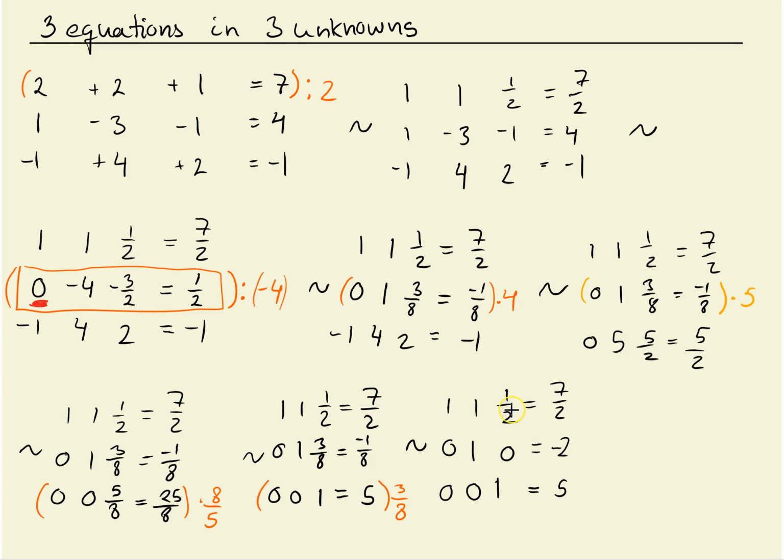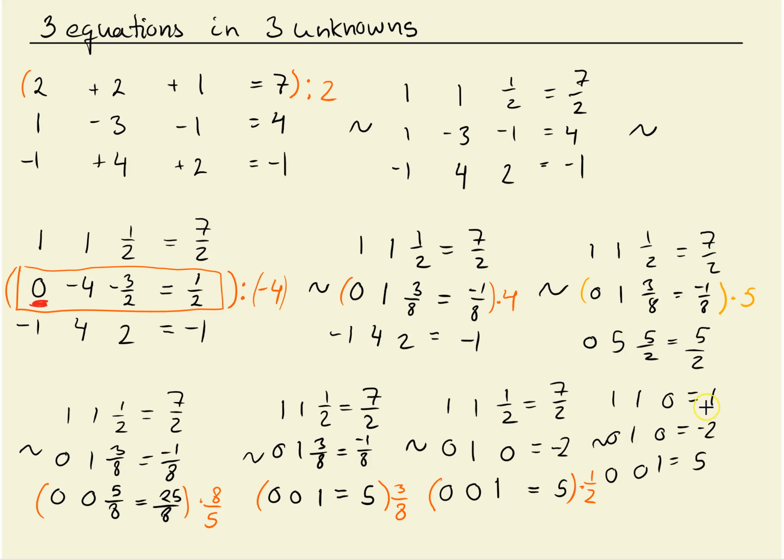In other words, make it a 0 and make this a 0. So I'll have to multiply my third equation by 1/2 and then subtract it from the first equation. And the result is this. I obtain my 0 here, and I multiply 1/2 by 5. That's 5/2, which I subtract from the 7/2.